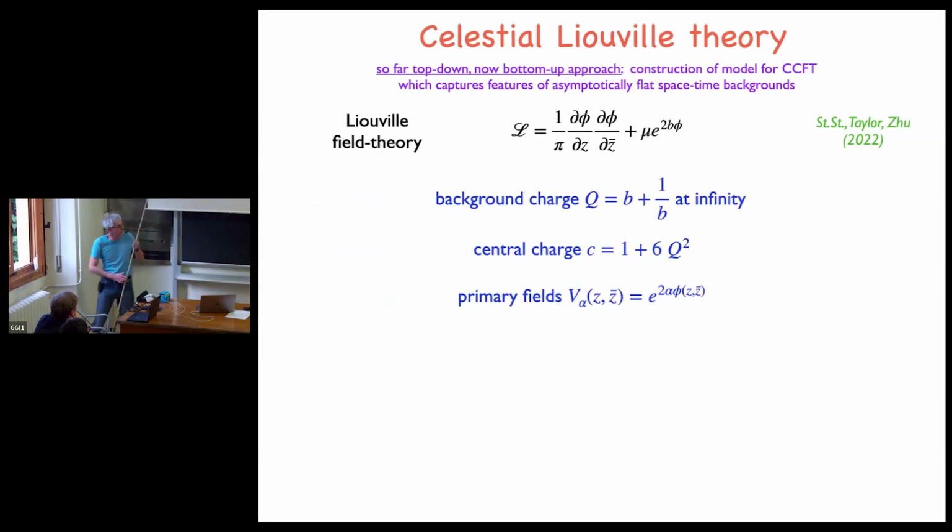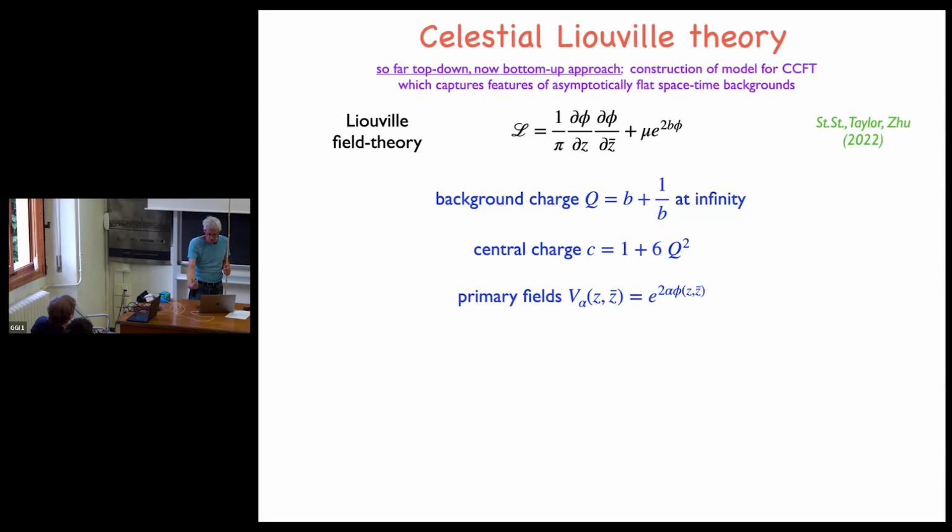So what is Liouville theory? In Liouville theory, you have a conformal field phi, and you have this Lagrangian. Liouville theory has a background charge, which can be parameterized by this real number b, and a central charge is then computed the following way. You have primary fields which are constructed from this phi as exponentials.